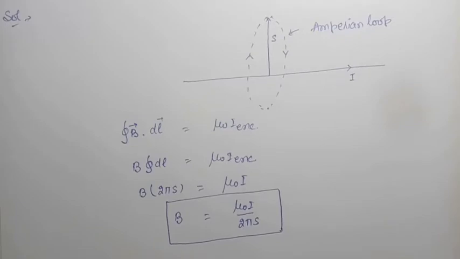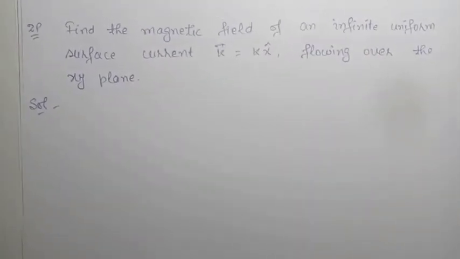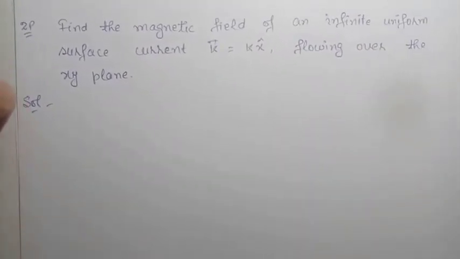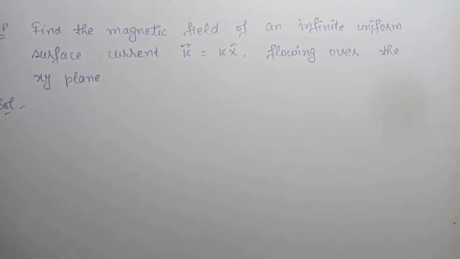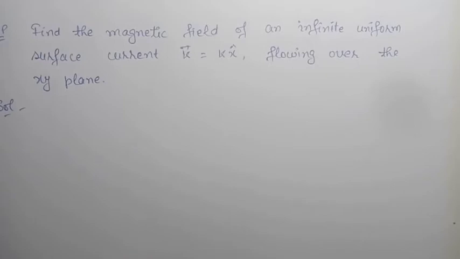Then we have a second problem. In this problem we are interested to find the magnetic field of an infinite uniform surface current K equals K x cap flowing over the xy plane.